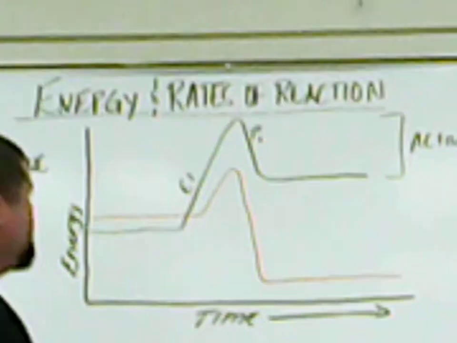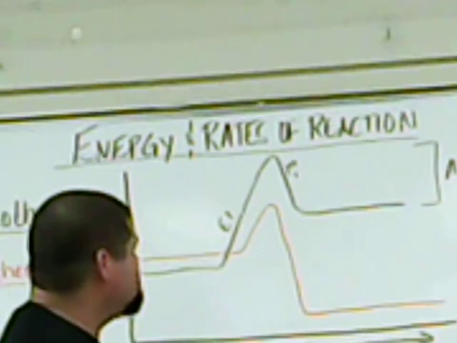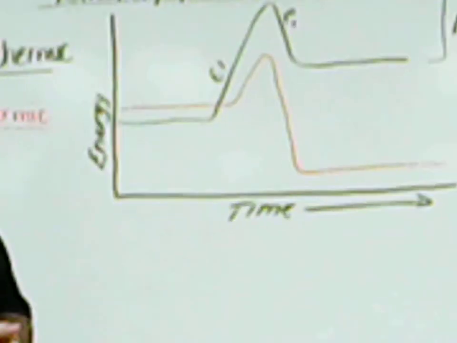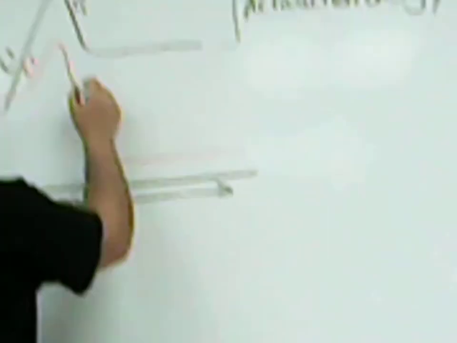Okay, here we've got the beginning energy and the ending energy, both at constants when the energy is held in the bonds. We've got energy absorbed. We've got energy released.